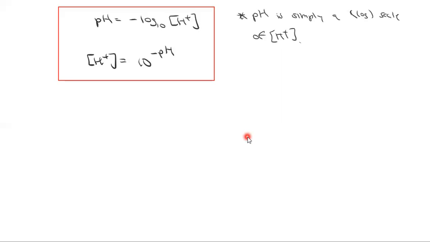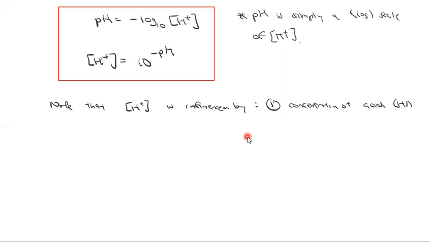Now, note that the concentration of H+ is influenced by multiple factors. Clearly, it's going to be influenced by the concentration of the acid. The more concentrated the acid is, the more H+ will also go up.